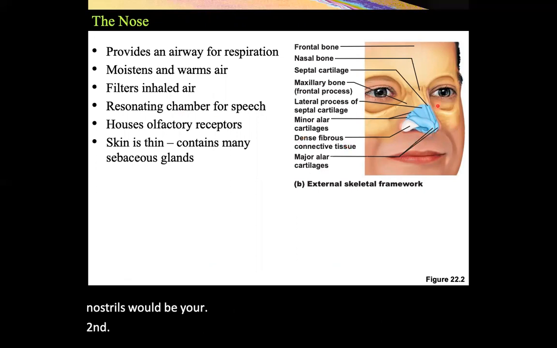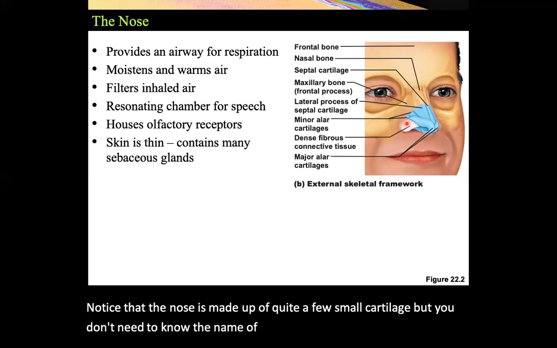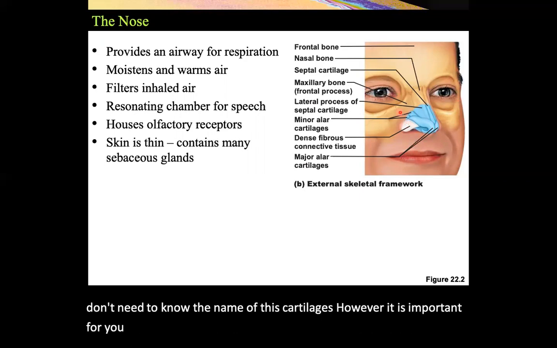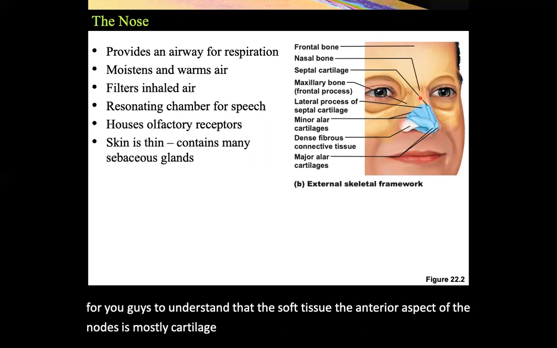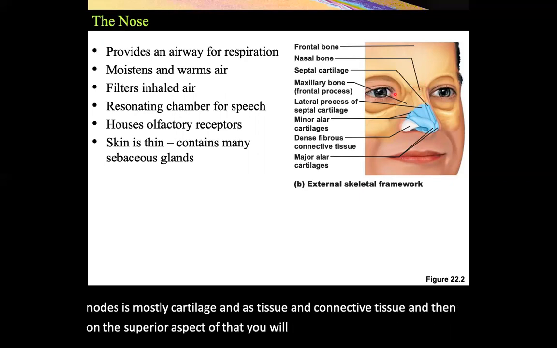Notice that the nose is made up of quite a few small cartilages. You don't need to know the names of these cartilages. However, it is important to understand that the soft tissue, the anterior aspect of the nose, is mostly cartilaginous tissue and connective tissue. And on the superior aspect of that, you will have your nasal bone.